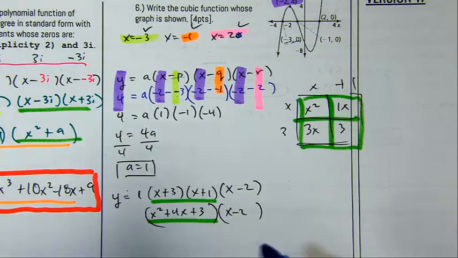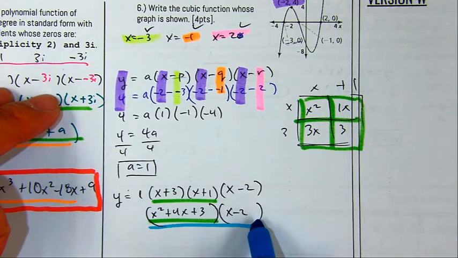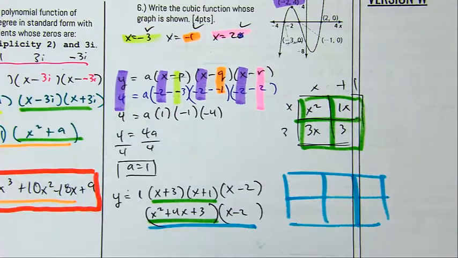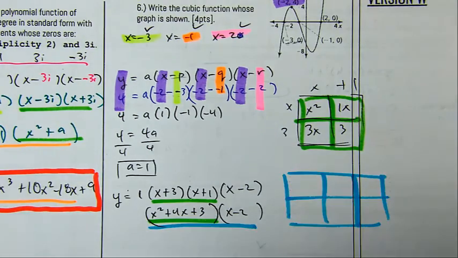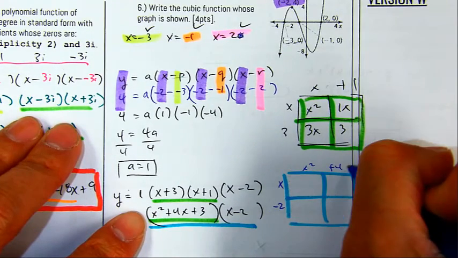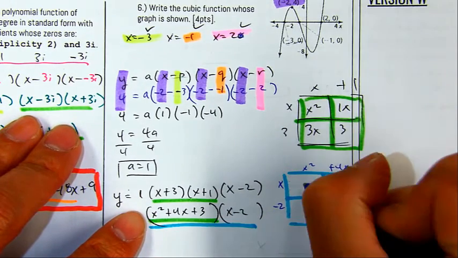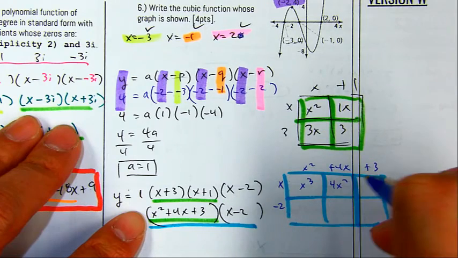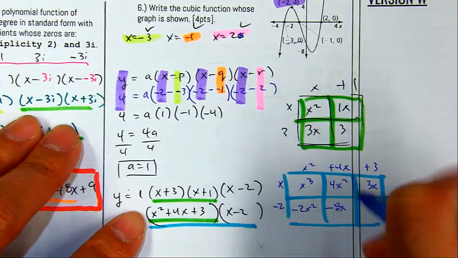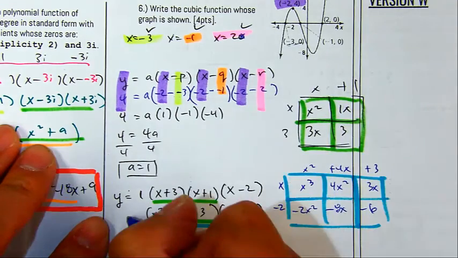X minus 2, x squared plus 4x plus 3. X cubed, 4x squared, 3x, negative 2x squared, negative 8x, and minus 6.